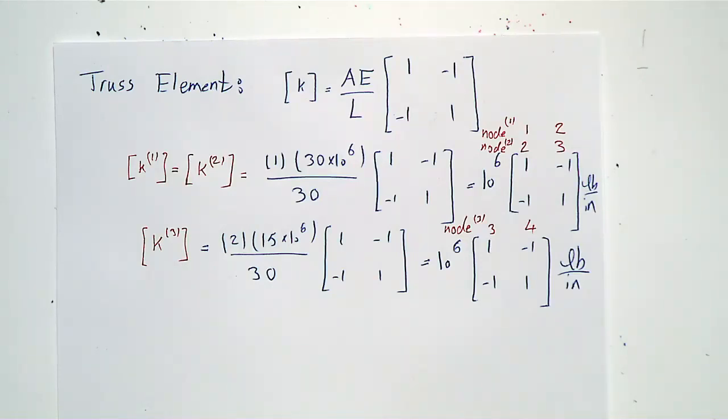And the second approach, which was much easier, was the direct approach. Based on the node numbers in each element and knowing the element k matrix for each element, we can assemble the global matrix.